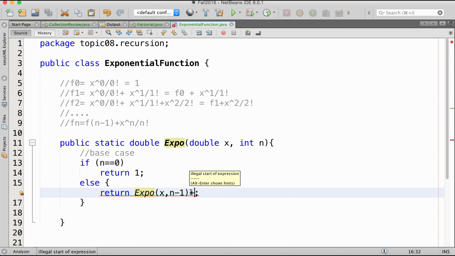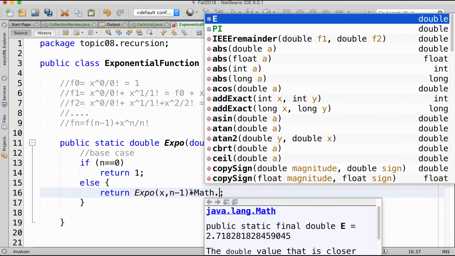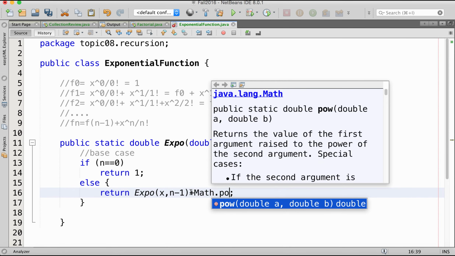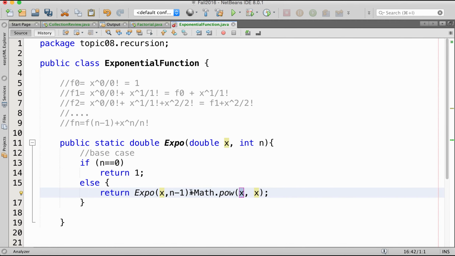So x^n, how to make the power? It's Math.pow. What is pow? The first argument raised to the power of the second argument. The first argument is x, and the second is n. Divided by the factorial of n.